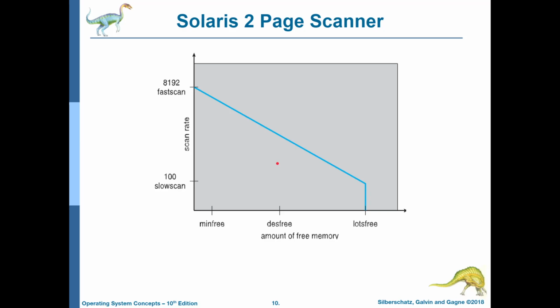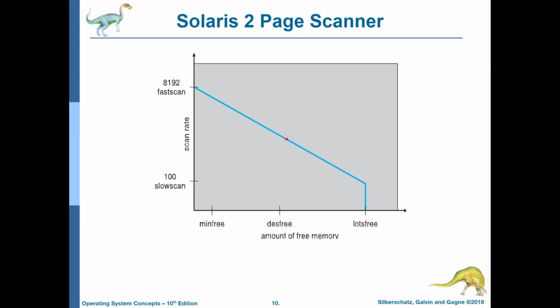So we can see that for this page out scanner, the scan rate declines as there is more memory free. When there is not a lot of memory that is free, it frequently scans processes to see if any pages can be freed up.